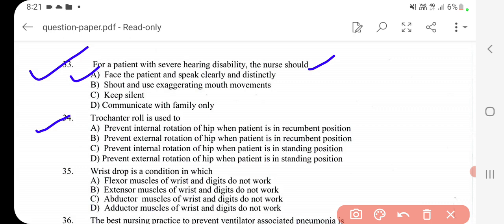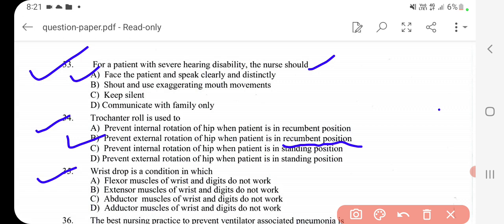C, prevent internal rotation of hip when the patient is in standing position. D, prevent external rotation of hip when the patient is in standing position. So trochanter roll is used to, option B, prevent external rotation of hip when the patient is in recumbent position. So option B.